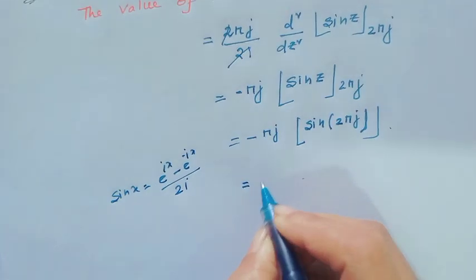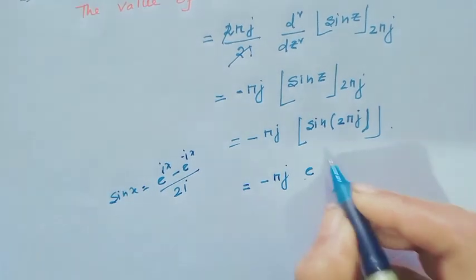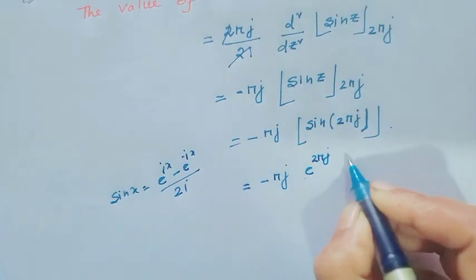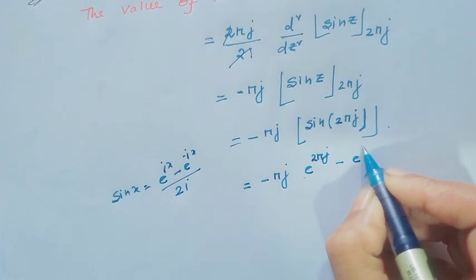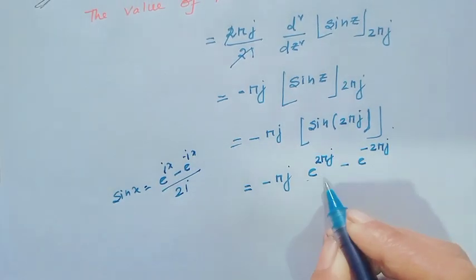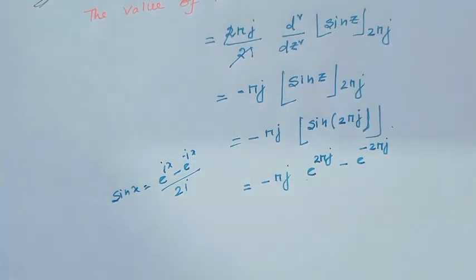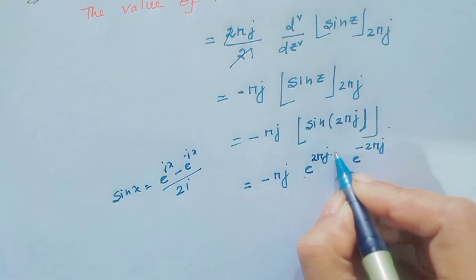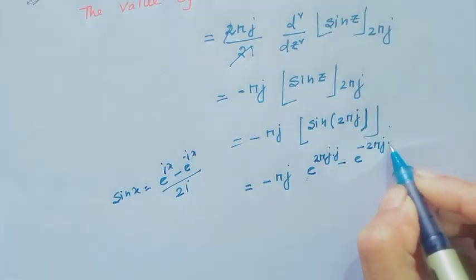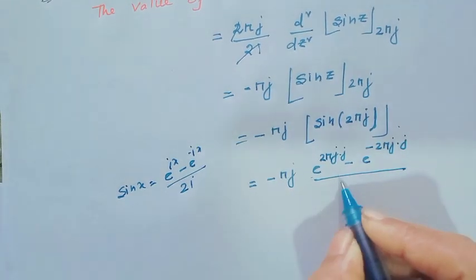That means this value would be minus pi j times e to the power 2 pi j minus e to the power minus 2 pi j, divided by 2j.